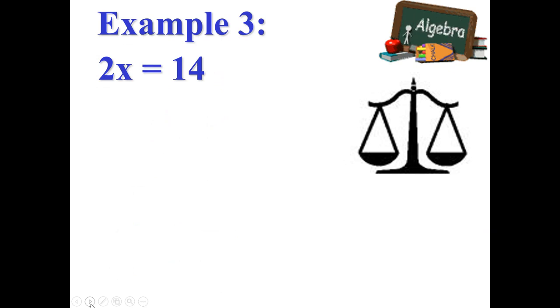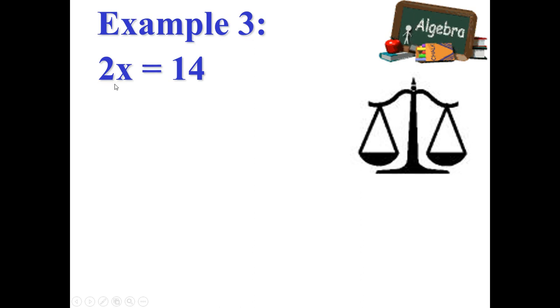Now we're going to move into some examples using the operations of multiplication and division. Here we have 2x equals 14. If we remember, anytime we have a number next to the variable x, what operation are we doing? If you said multiplication, then you are correct.